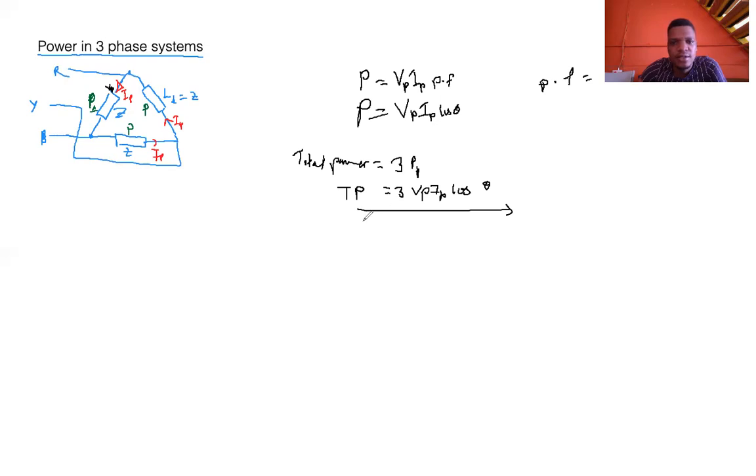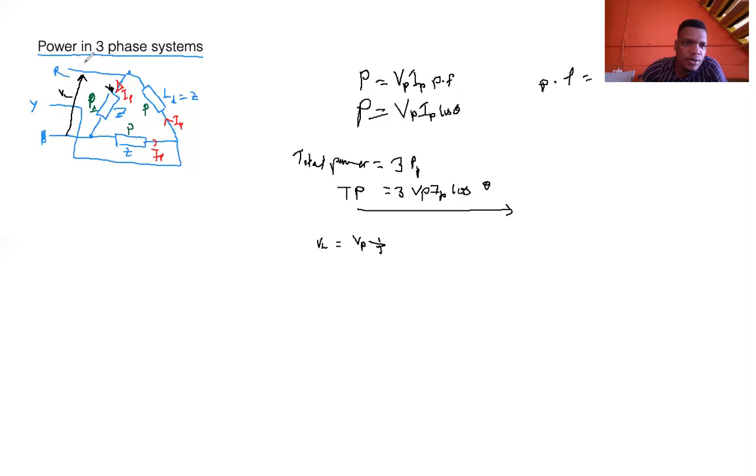Now this is expressed as per phase quantities. Now if I want it in line quantities, if you check here, the voltage across BR is what we call the V line. Now if we check here, we have R, we have B. In a delta connected system, the phase voltage is the same as the line voltage. So V line is equal to V phase.